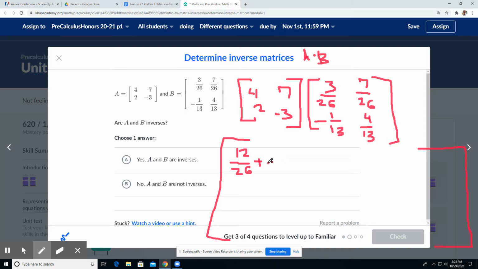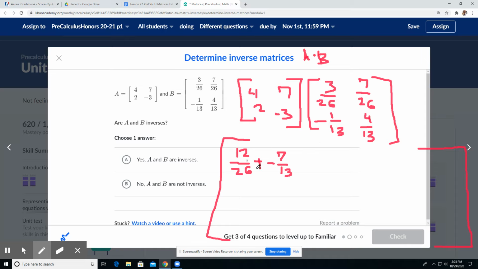So that's -7 over 13. Let me just confirm. 12 over 26, check. 7 over -13, correct.